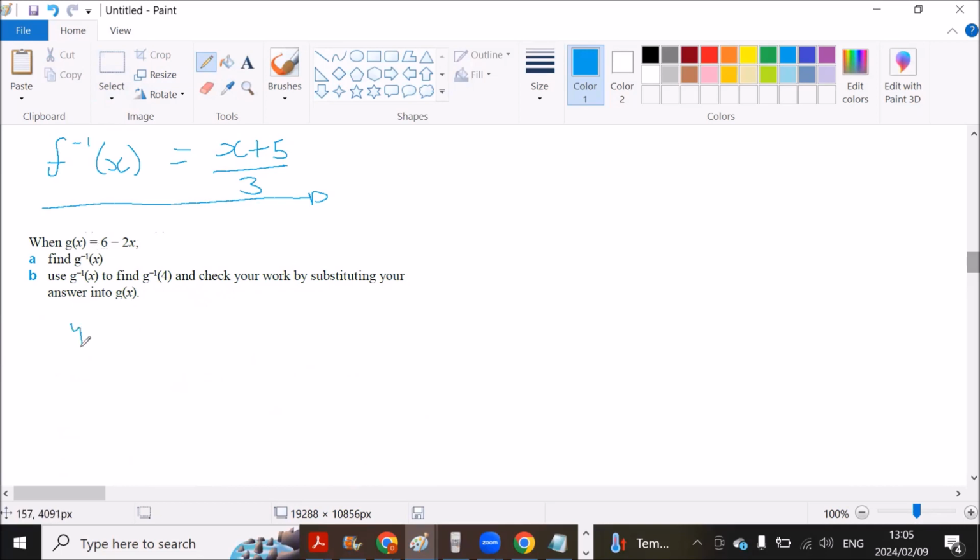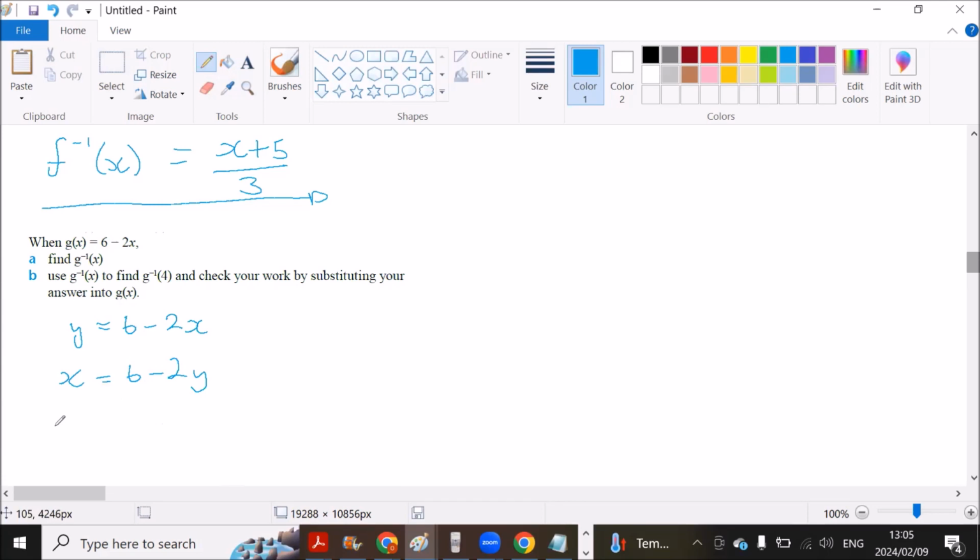So we can say y is equal to 6 minus 2x. We interchange x and y. X is equal to 6 minus 2y. We make y the subject of the formula. If we take this 2y to the other side, it becomes positive.